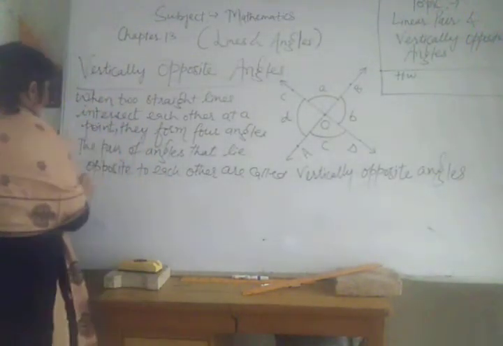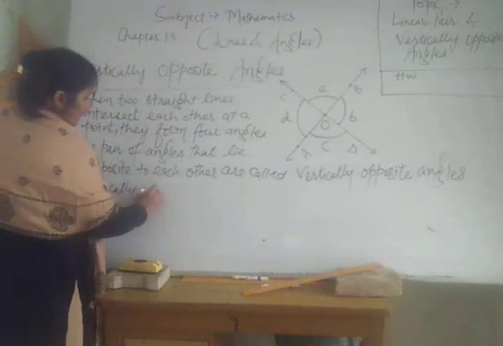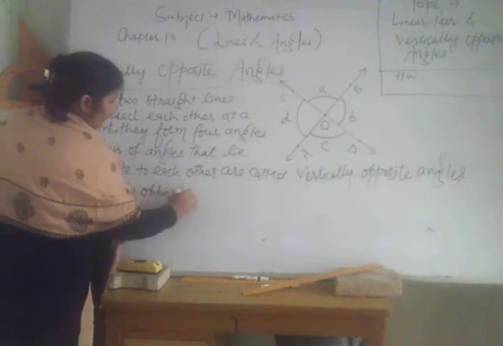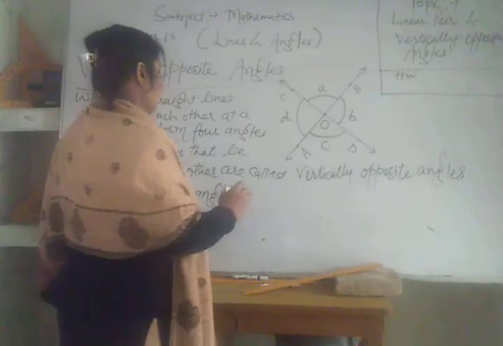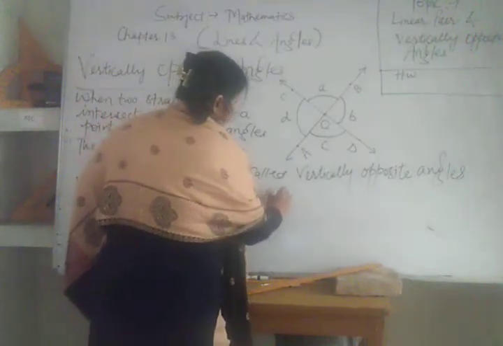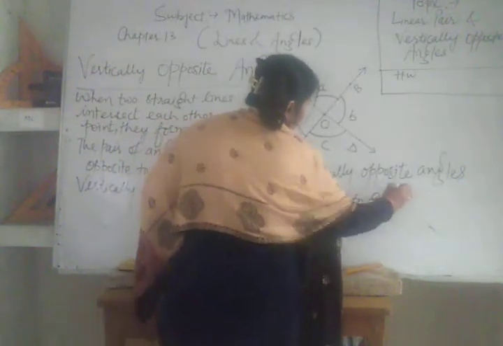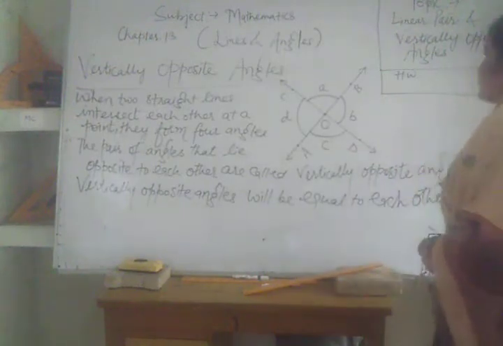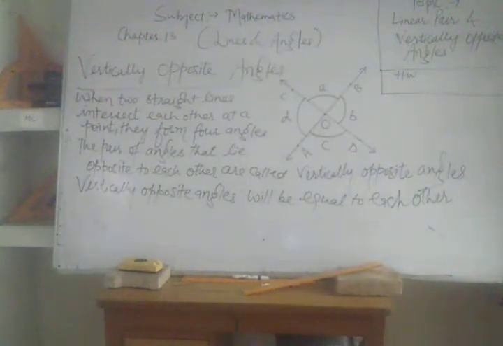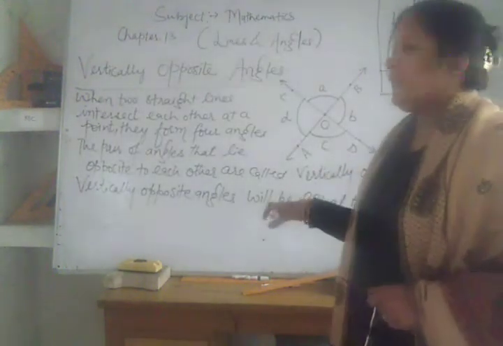The pair of vertically opposite angles are equal to each other. Here, vertically opposite angles will be equal to each other.